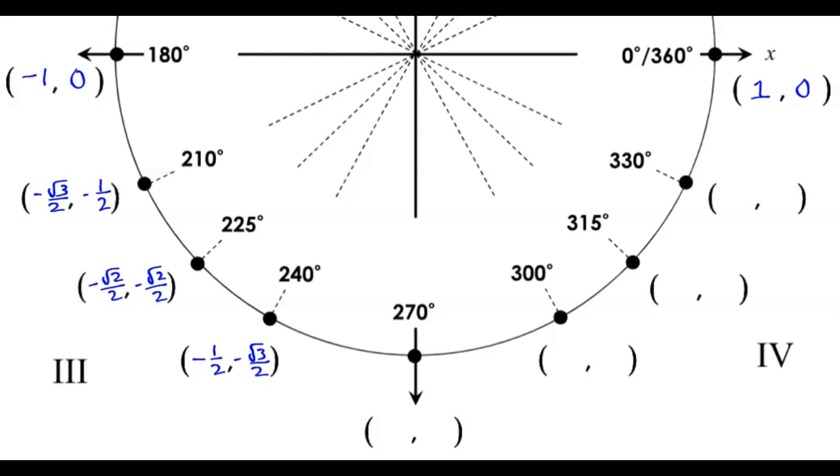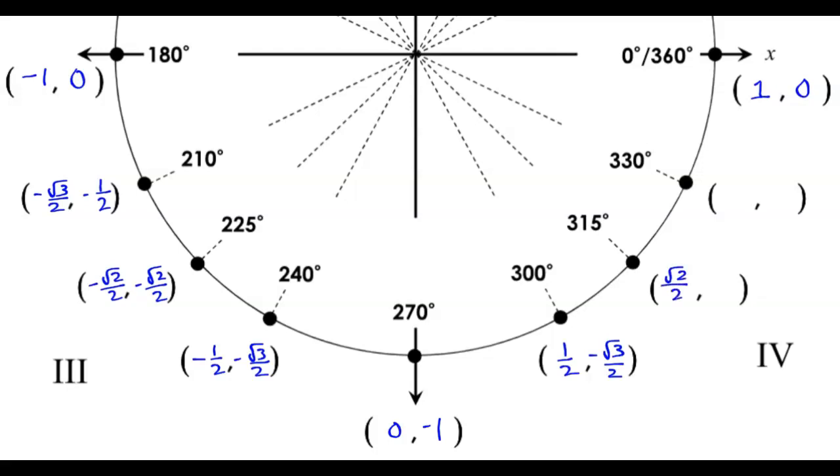And then you're going to see that 270 is going to be (0, negative 1). And as we wrap around to the fourth quadrant, remember only the y values are negative here, and 300 degrees has symmetry to 240. So this is going to be positive 1/2 because it's to the right of the y-axis, and it's going to be a negative square root of 3 over 2 for the y value.